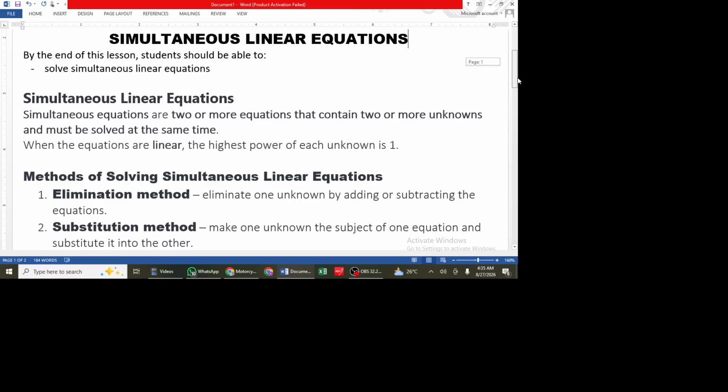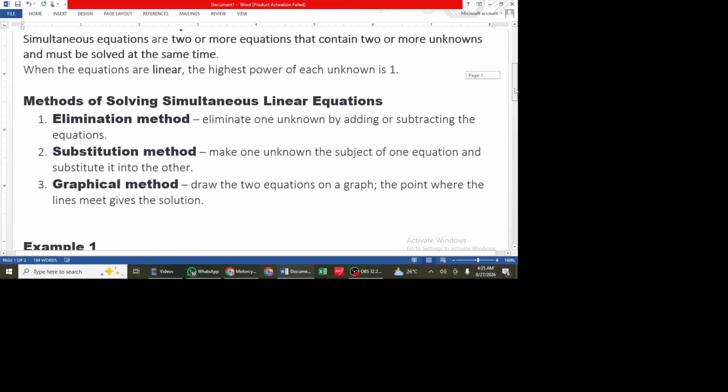There are three methods of solving simultaneous linear equations, which are the elimination method, substitution method, and graphical method. But we are going to limit this class to the elimination method and substitution method.